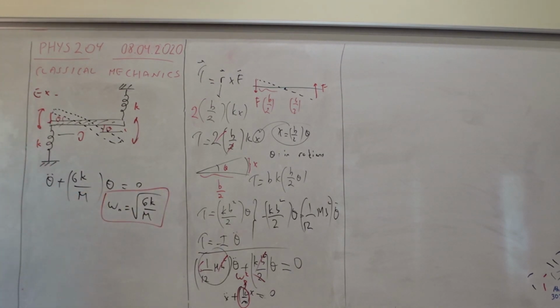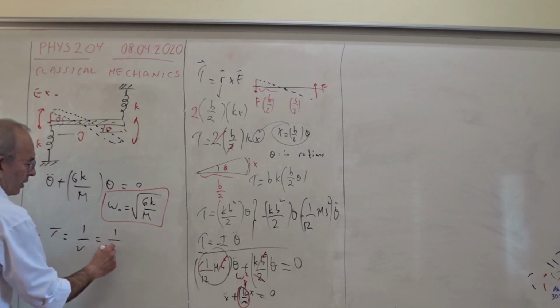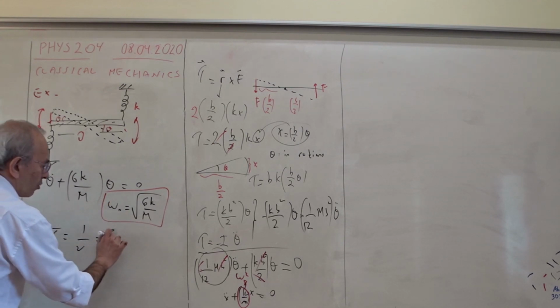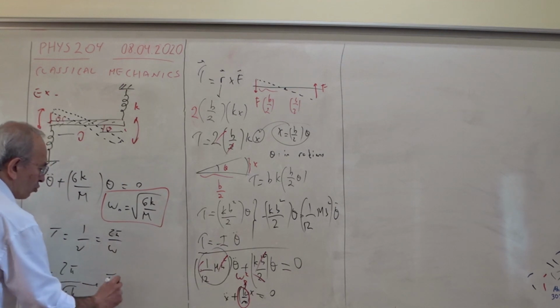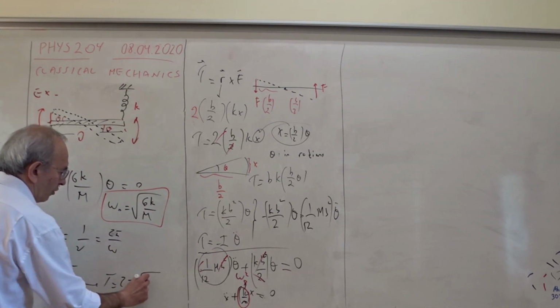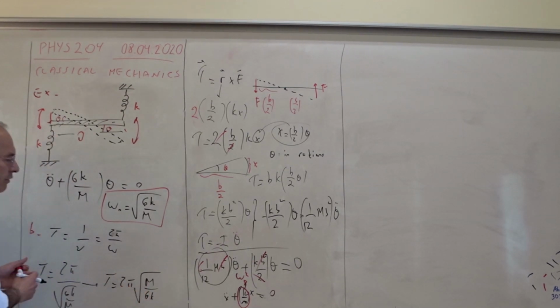This is the natural frequency in part A. Part B is just the period, remember, is 1 over nu. Nu is linear frequency, but omega and nu are related by, instead of nu we can write omega over 2 pi, so 2 pi goes up. Therefore, period T will be 2 pi divided by this term, and finally the period turns out to be 2 pi root of mass of the rod divided by 6 times the force constant of each of these springs.